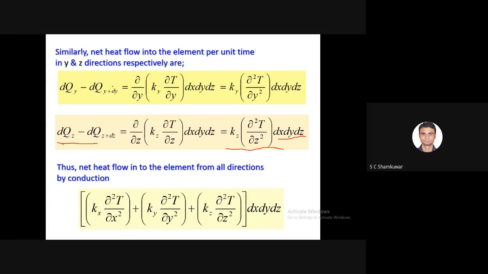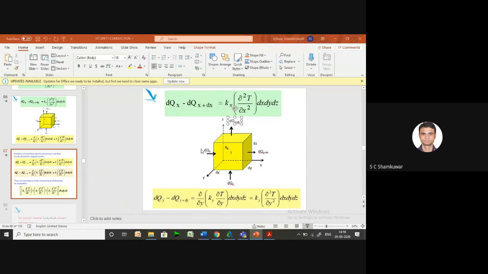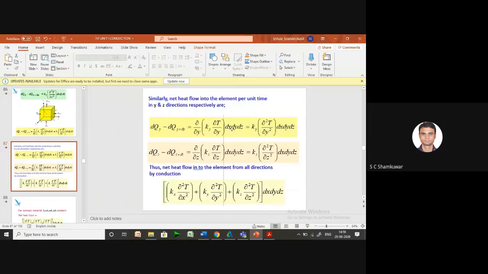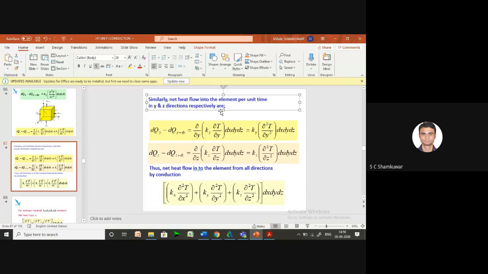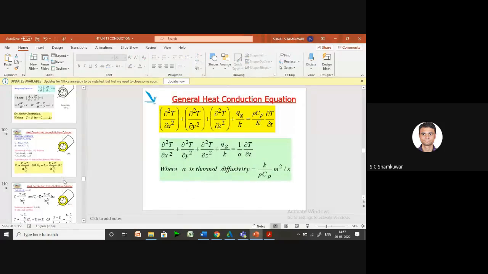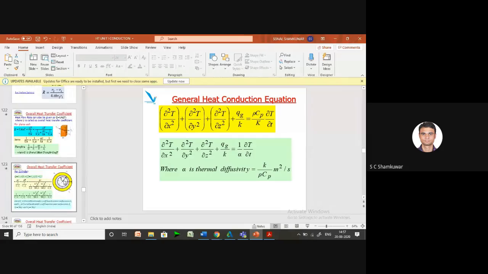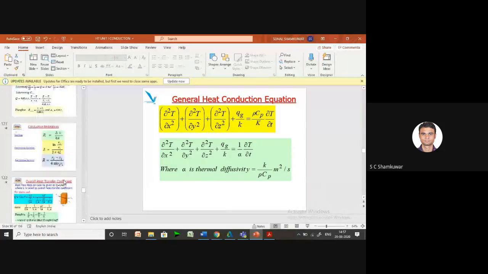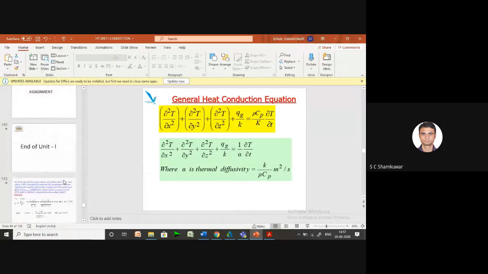So now if you combine all the three, means heat change in x direction plus heat change in y direction plus heat change in z direction, you will get this one, because what is constant in all the three things? What is constant?